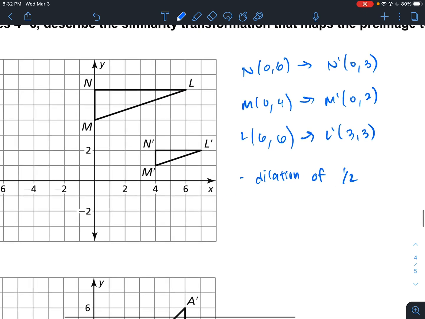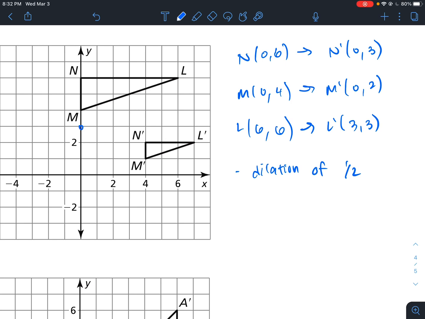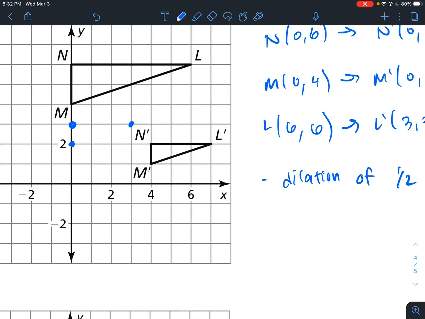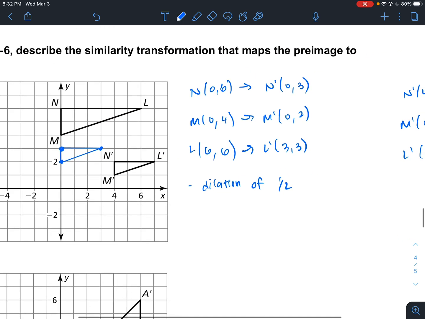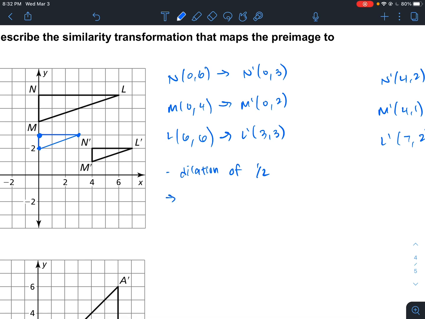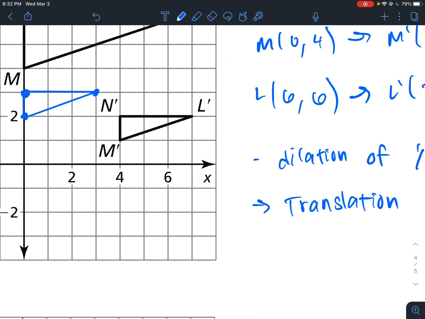So let's map those points. So 0, 3, M prime with 0, 2, and then at 3, 3. So you can see now that our figure is the exact same size as this one right here, which means that it's only in a different location. So all that's left here is a translation. So it's a translation, and let's see how many units are we moving.